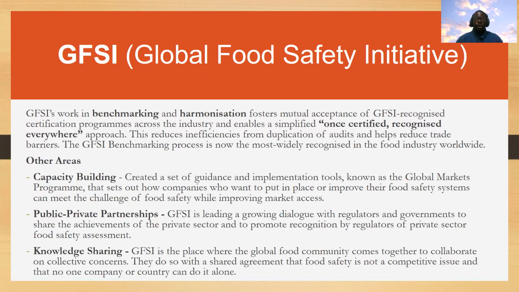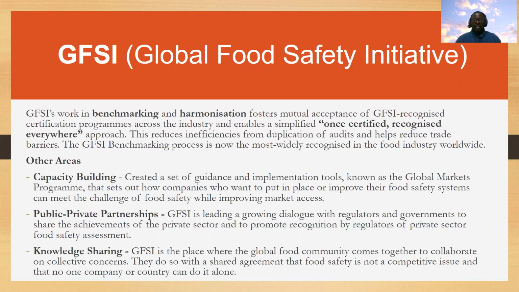And for a standard to be recognized internationally, it will need to be approved by the GFSI. It does other things. They also assist with capacity building, making sure that those companies that do not meet the requirements of international food safety standards are capacitated to eventually reach the top.